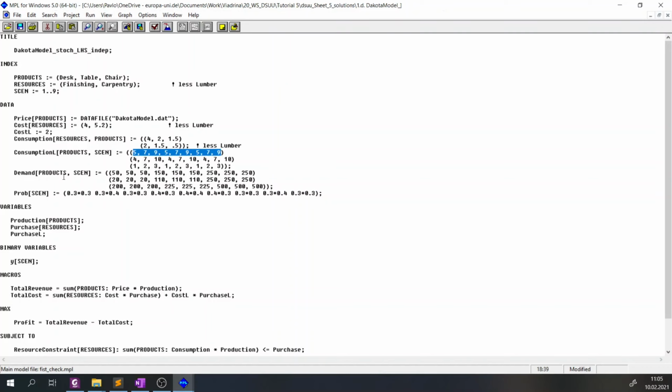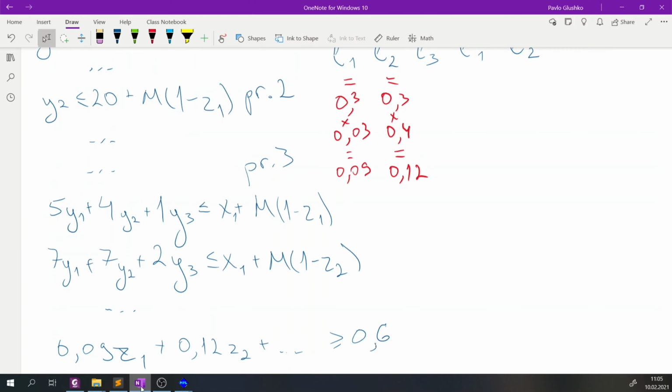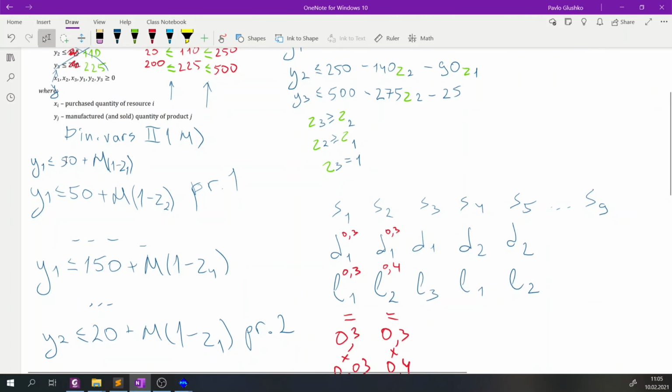The demand is almost the same as it was in the previous stochastic version, but it repeats now every 3 scenarios, because in the first 3 scenarios, it has the values from demand scenario 1. And this corresponds to what we had here for product 1.